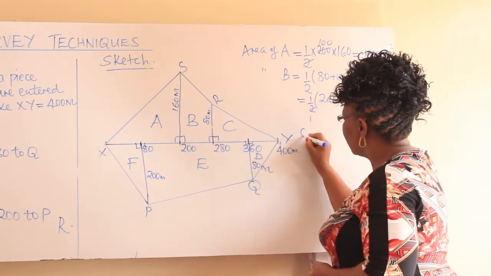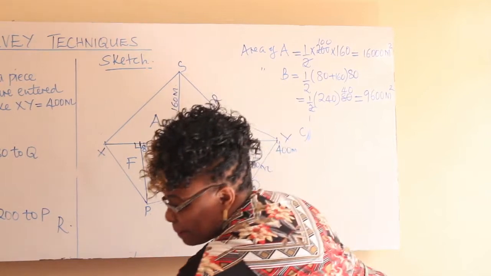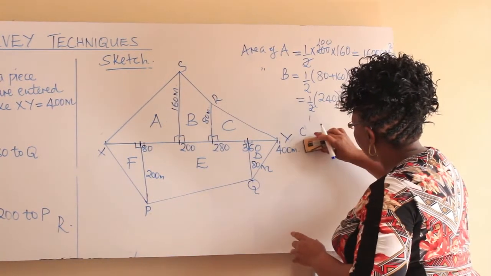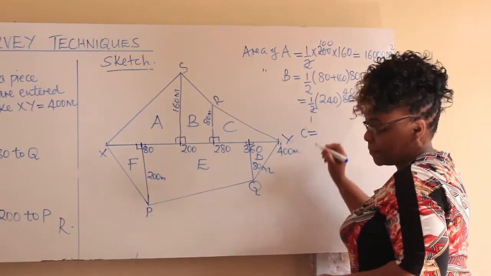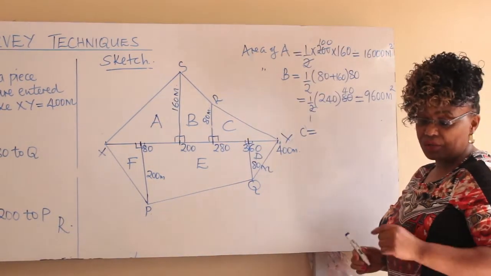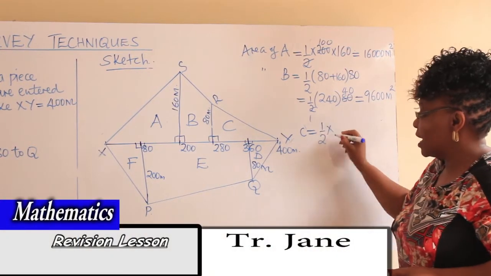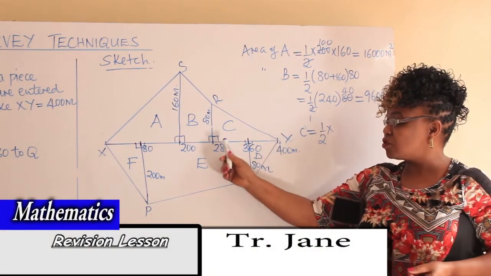We go to C, learner. What is C? C is a triangle, and therefore we talk of a half times our base, from here to here.